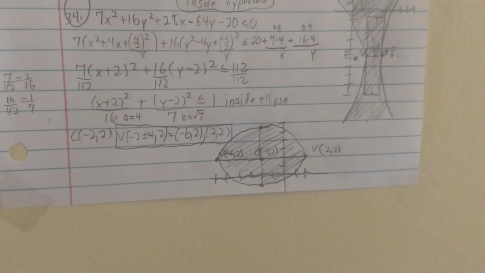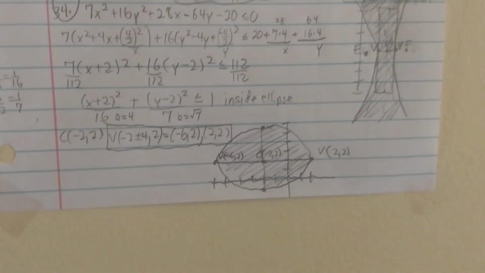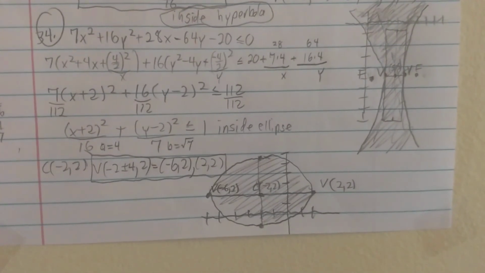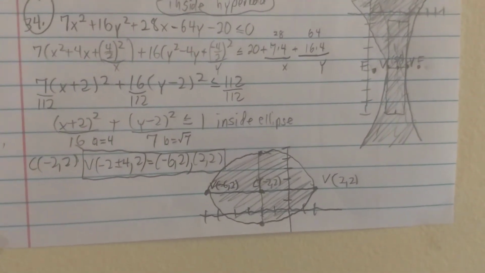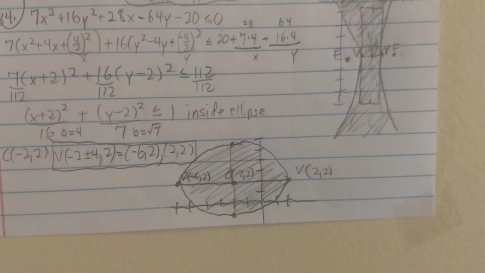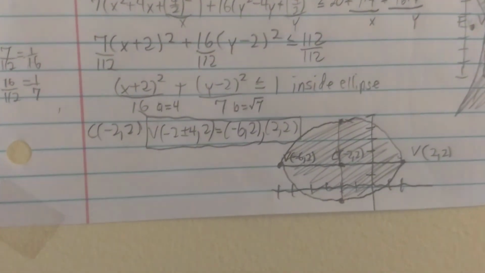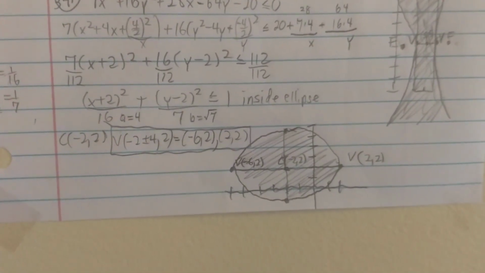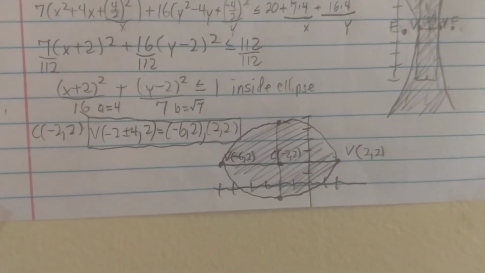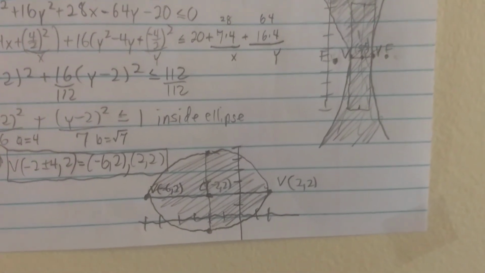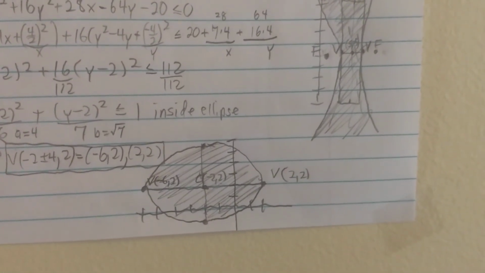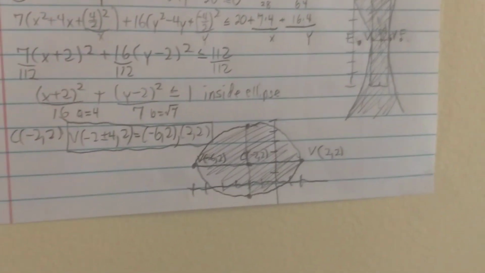And for the y squared, we have to do 16 parentheses y squared minus 4y, minus 4 over 2 squared, which is 4, but it's plus 16 times 4, which is 64. So here we now have 7(x plus 2) squared plus 16(y minus 2) squared less than or equal to 112, because 20 plus 28 plus 64 on the right side is 112.